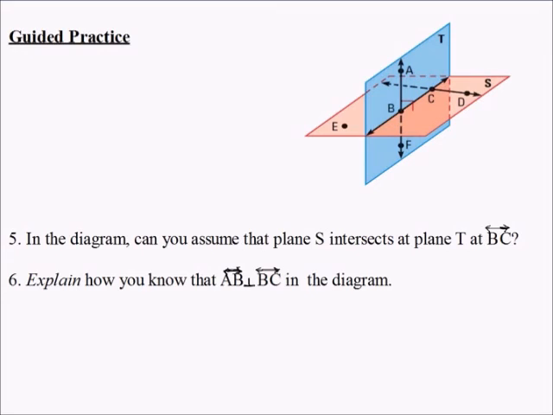So don't fret. Let's see, in the diagram, can you assume that plane S, so here's plane S, intersects plane T, here's plane T, at this line, BC? Yes, you can. And how can I assume that?